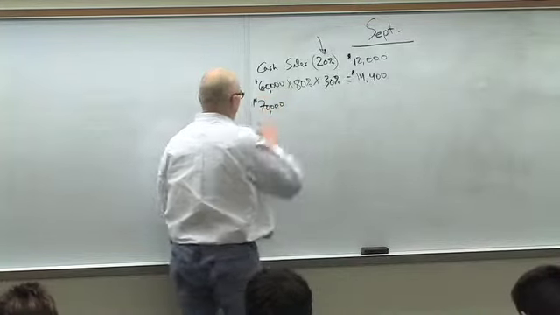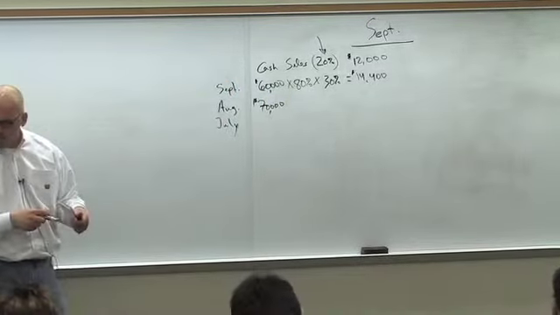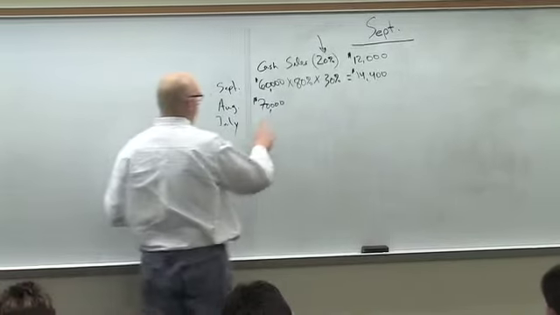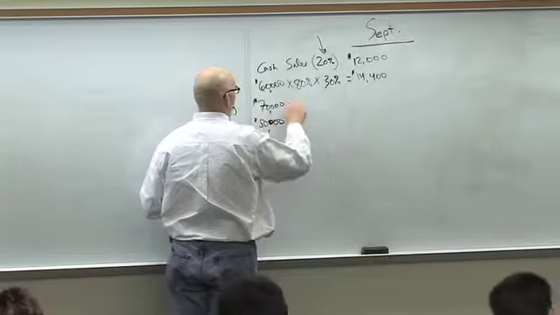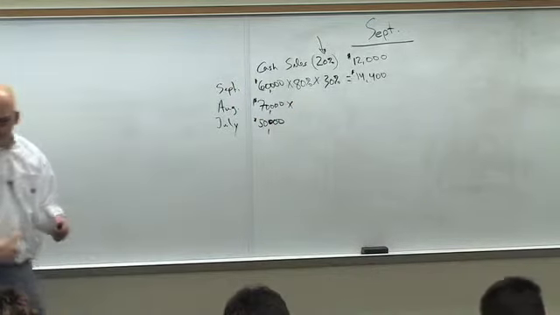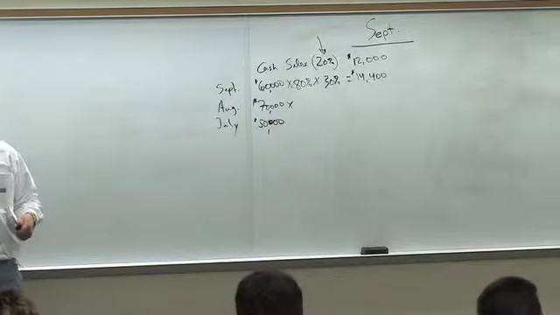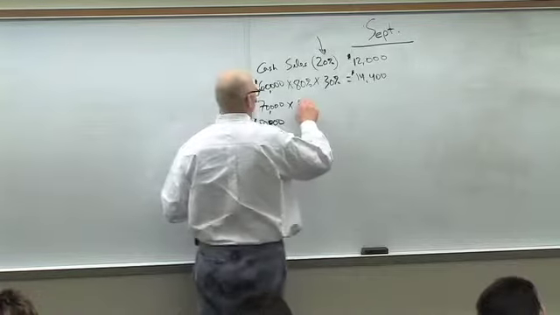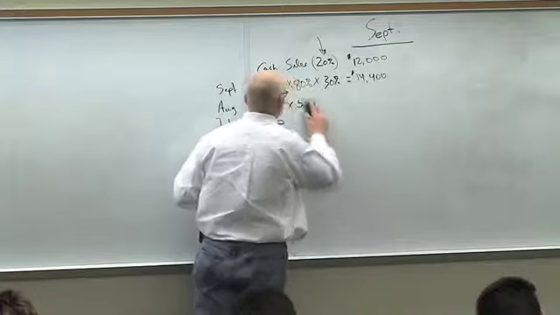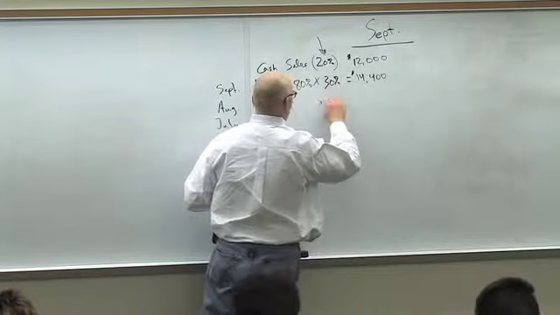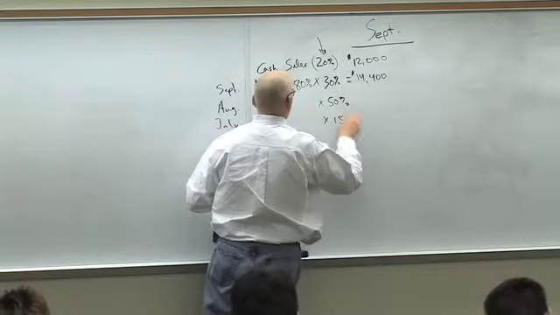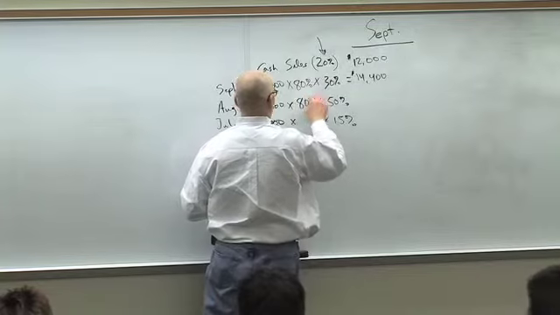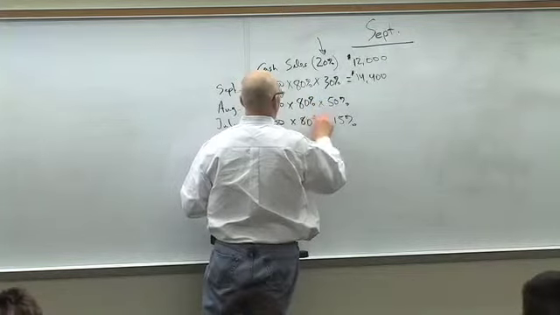July was $50,000 times, what do they tell us? First month after the sale, 50%, oh, excuse me, 50% times 15%, and both of these times 80%.